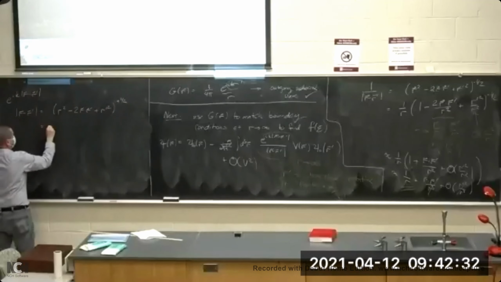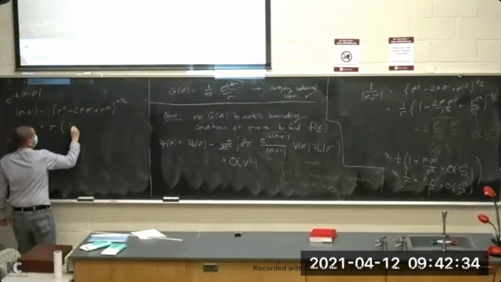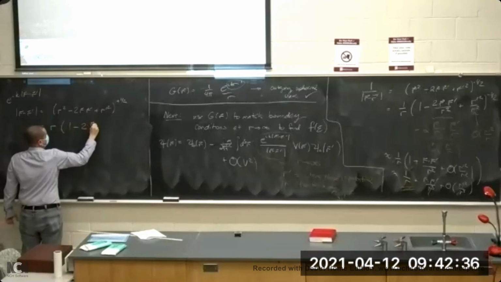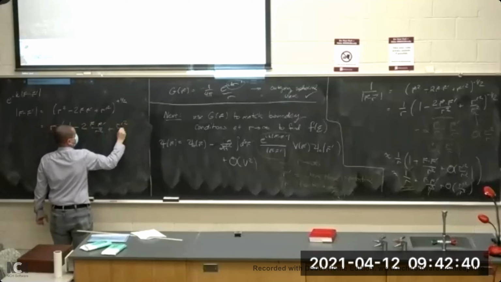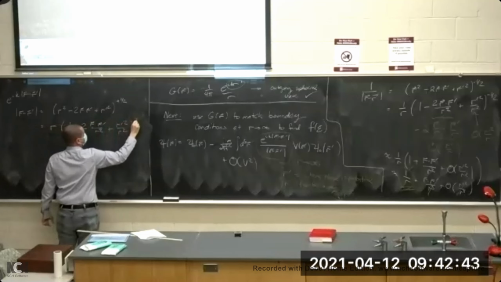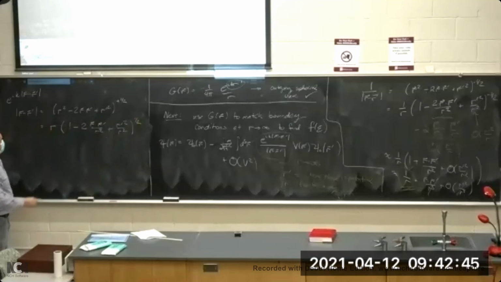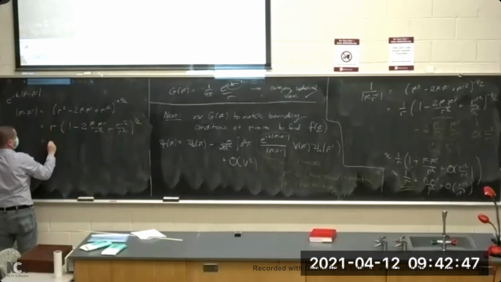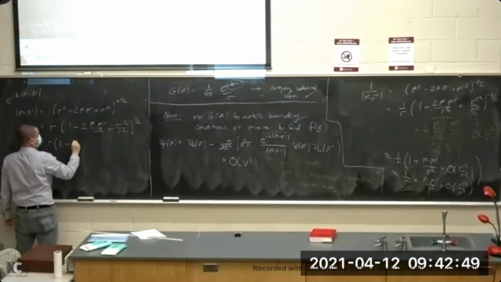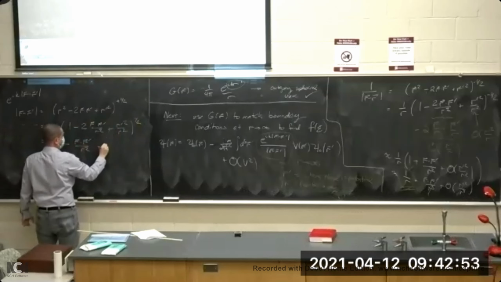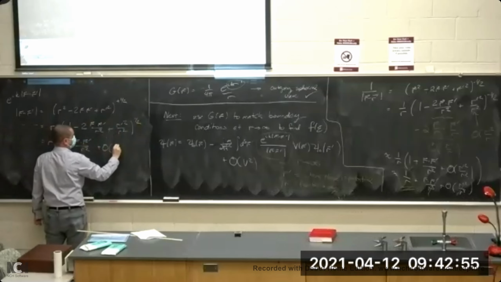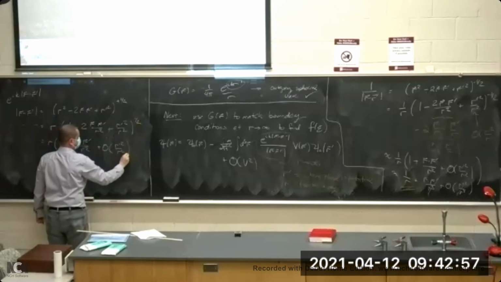Now I pull out a positive factor of R: 1 minus 2 R dot R prime over R squared plus R prime squared over R squared, to the 1/2 power. Now I open up the parentheses and I get R times 1 minus R dot R prime over R squared, plus corrections that are second order small, R prime squared over R squared.